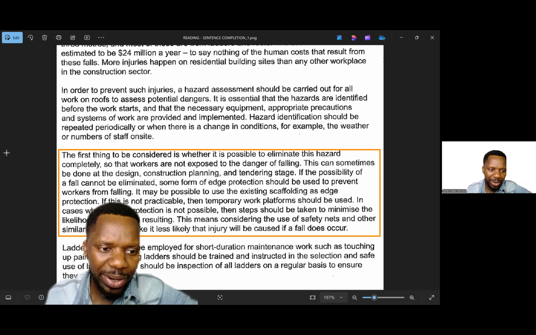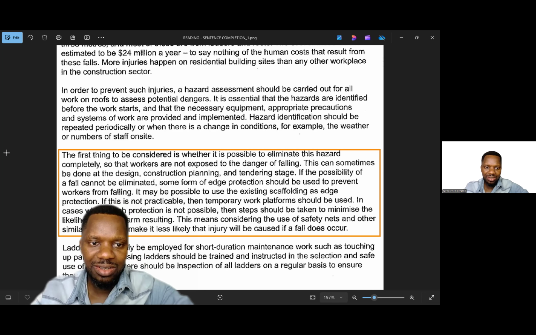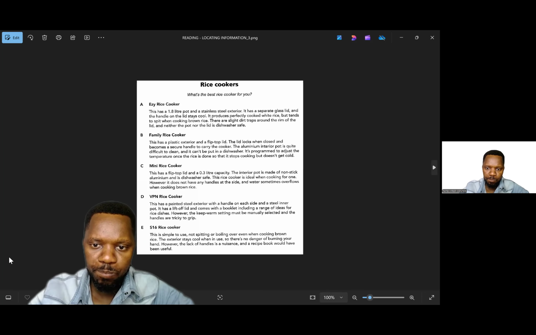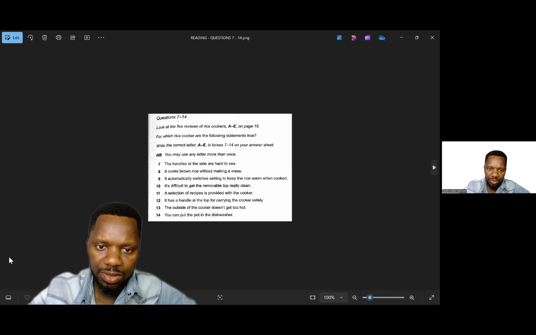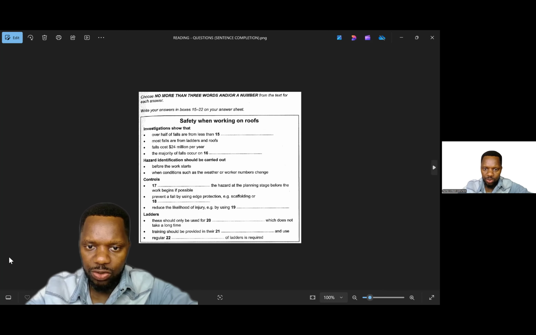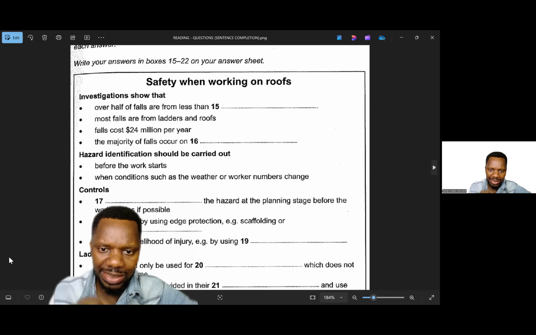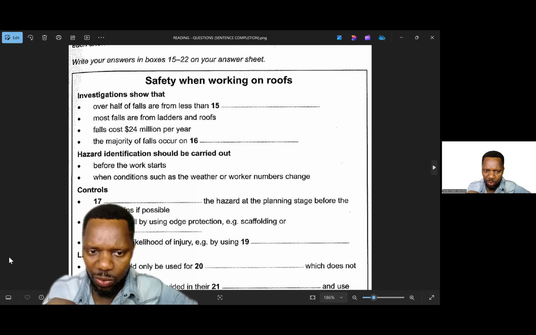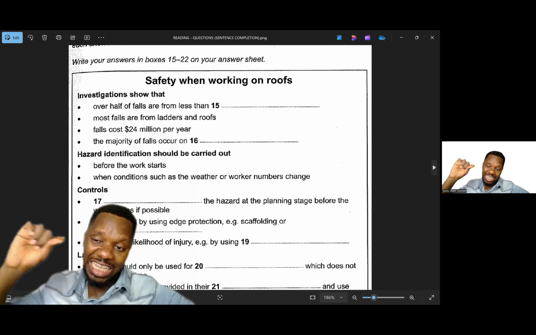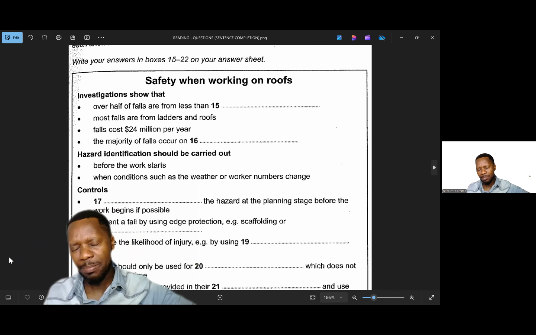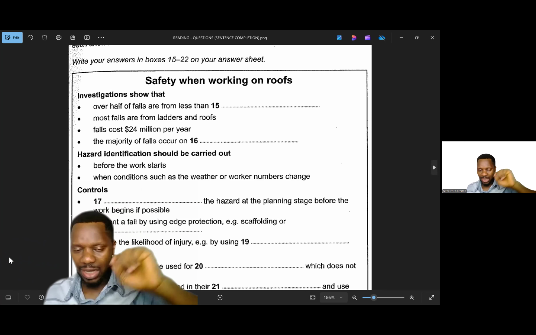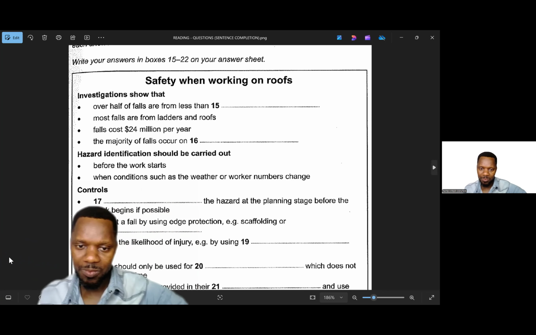Now, going back to the question, it says, dash the hazard at the planning stage before the work begins, if possible. The passage says possibly, whether, if, possibly, possible, right?